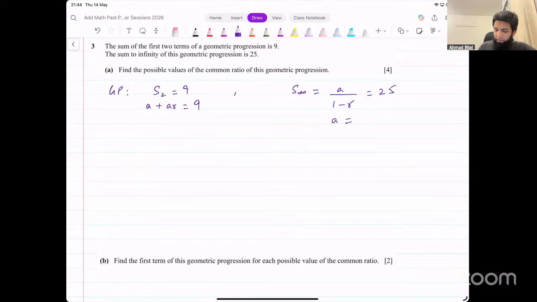If I do that, I can say A equals 25 minus 25R. If I multiply this on the other side, let's put that in the first equation.